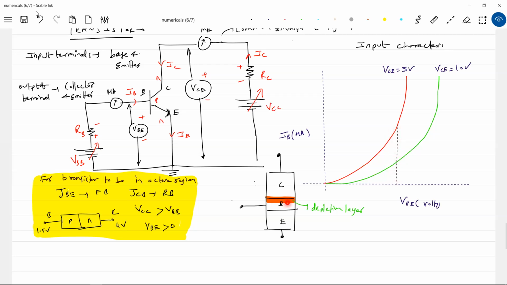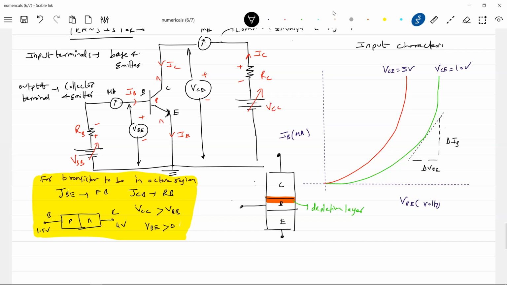What is the reason for that? You have to give this particular condition. Okay, I'll remove this curve, not needed. Then we'll take the slope. If I draw a tangent here, then the slope of the tangent will give delta IB by delta VB.